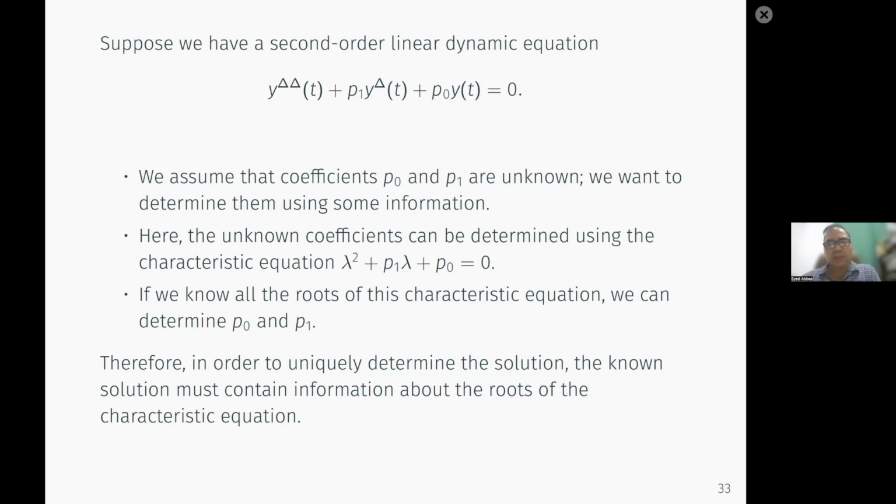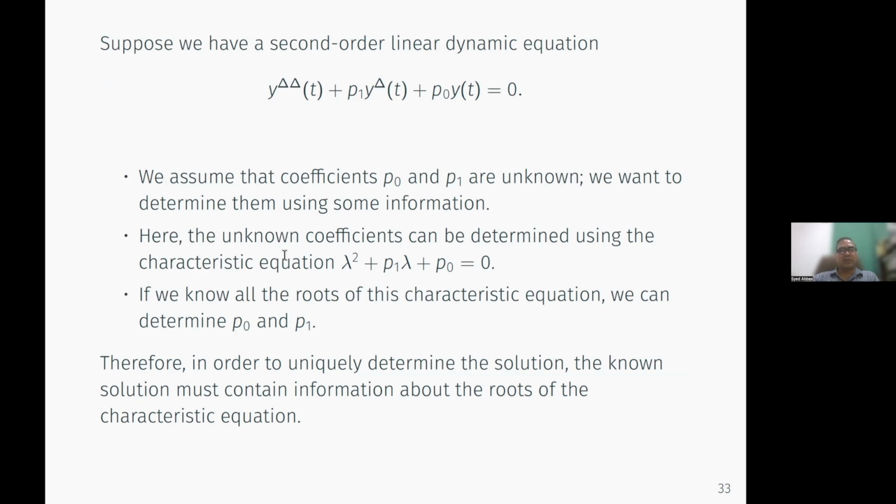We explore this through examples, because the steps will be clear through the examples in the proofs. So let us assume that we have a second order linear dynamic equation, and we assume that the coefficients P0 and P1 are unknown, and we want to determine them using some information.